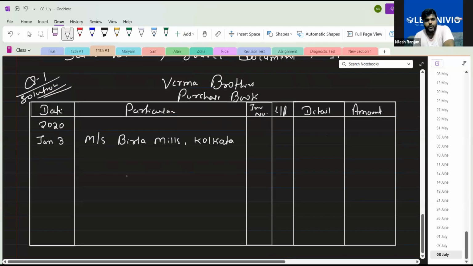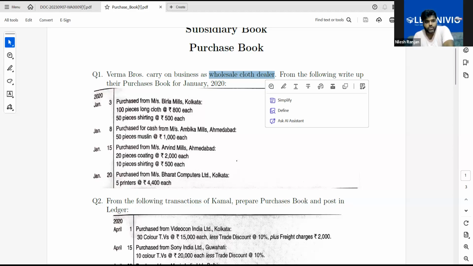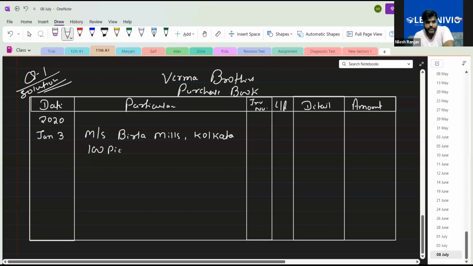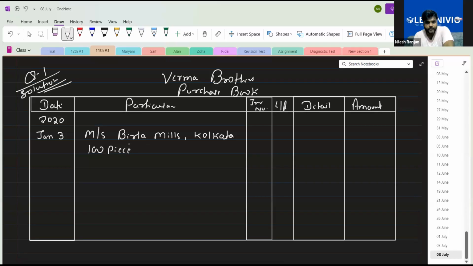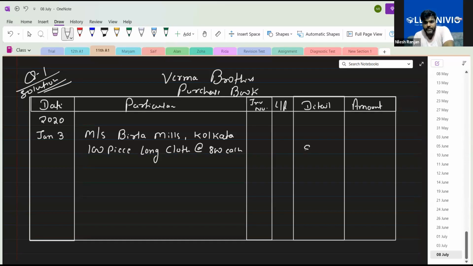So Messrs. Birla Mills, Kolkata, 100 pieces long cloth at the rate 800 each. So in the detail column, it will be 80,000.